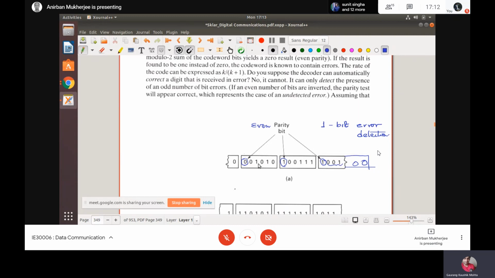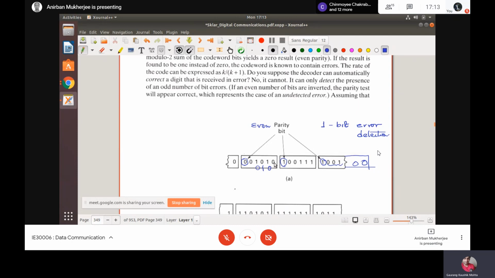and I am assuming the error is in the message bit, not in the parity bit. Say 3 bits are in error. That means say 0, 1, 0. Now what happened to the even parity? This 1 becomes 0, 0 becomes 1, 1 becomes 0.